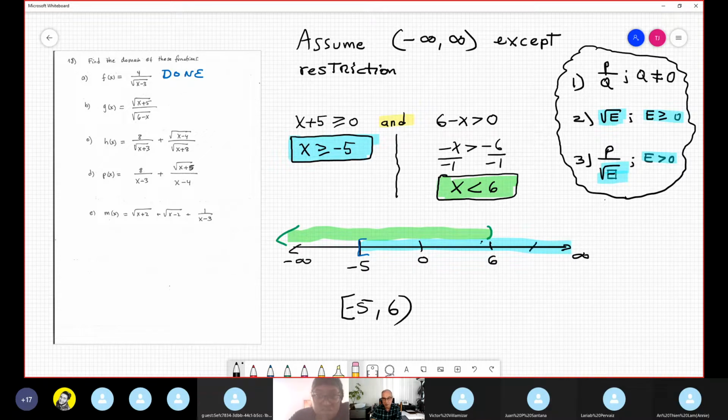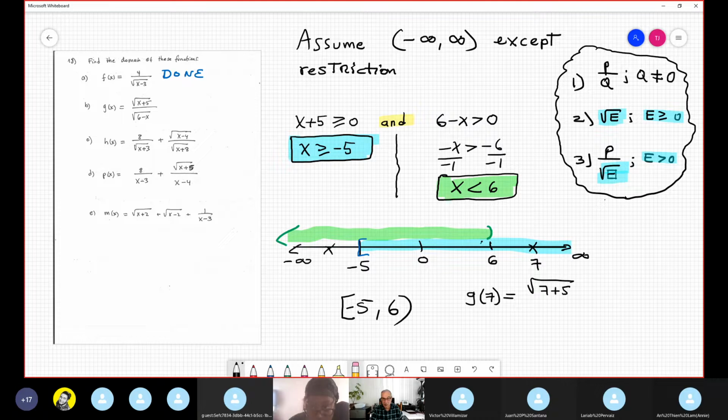Any other value, completely outside, is undefined. Let me try to make it clearer. Suppose I pick 7. I try to evaluate the function g at 7. Let's see what happens. It's square root of 7 plus 5.